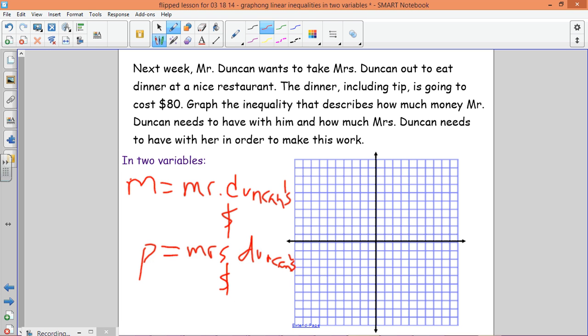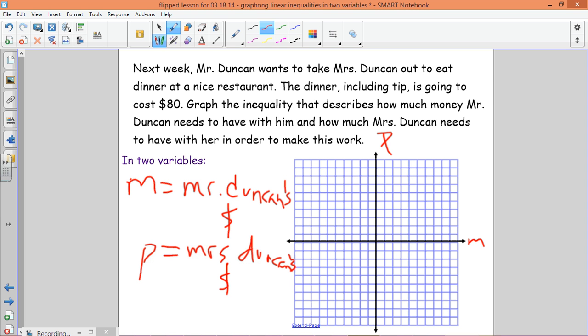Okay, so now what I need to do is graph all of the situations that will work here, how much I need, how much Mrs. Duncan needs in order to make this work. So I'm going to graph this on an M and P plane. And it turns out, if you read the question carefully, that what I need to have happen is I need to have $80 because I am taking my wife out.